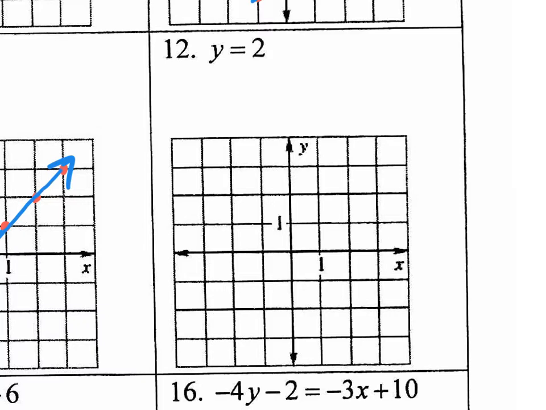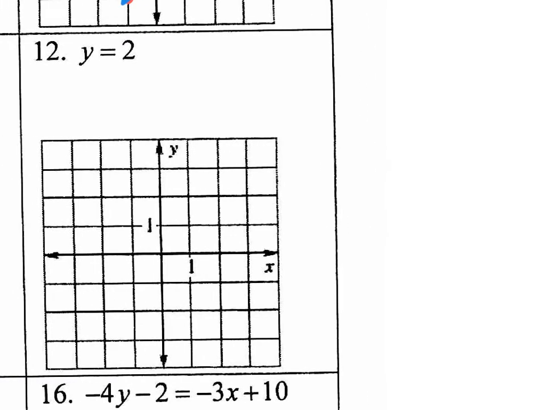Okay? So, you know what? Maybe we should do a little bit of notes somewhere. Let's say when you have y equals a number, it's going to be a horizontal line. Horizontal. When you have x equals a number, it's going to be a vertical line.